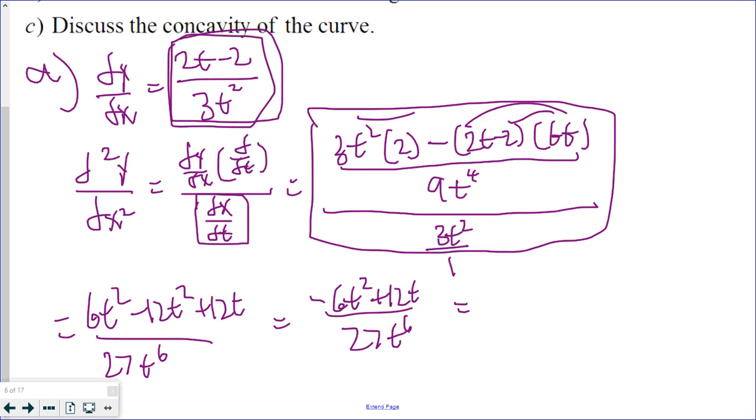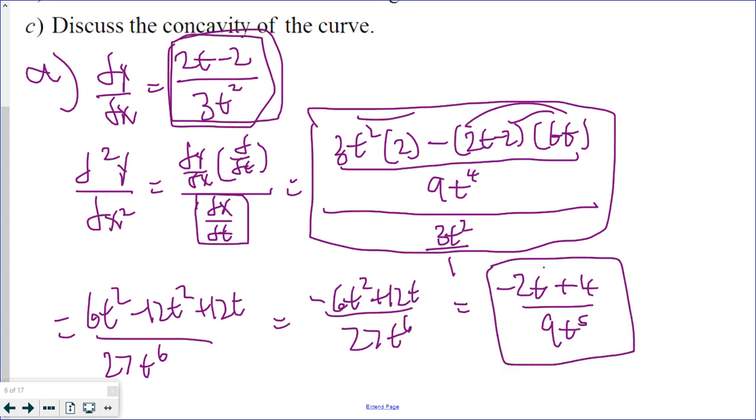If you want to reduce that even further, there's a factor of negative 3 and t you can divide out. So that'll be negative 2t plus 4 over 9t to the fifth. If you left it as the first box answer, that's fine, but I'm simplifying it down to the second box because we're going to need it in parts B and C.